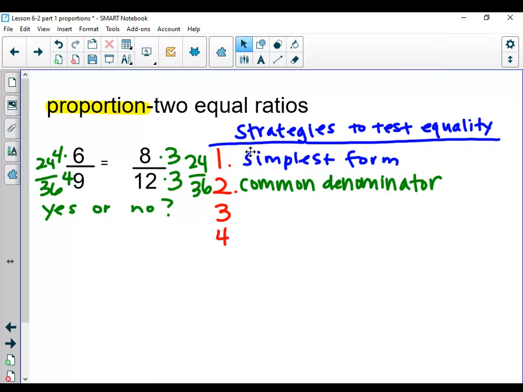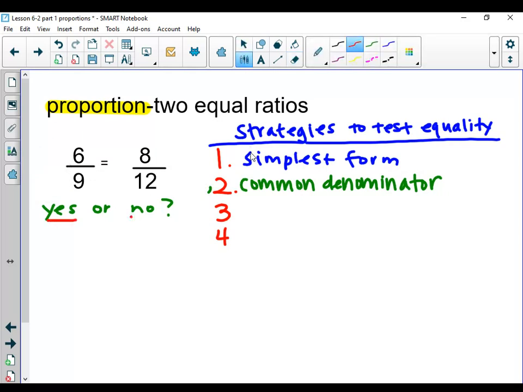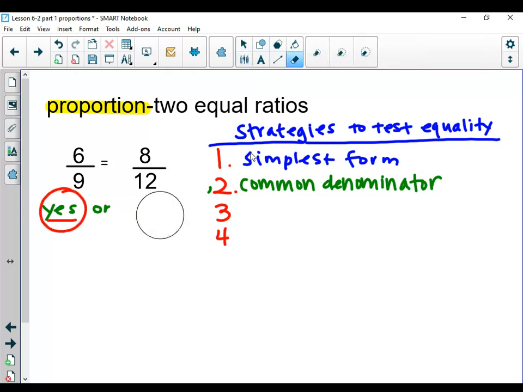Yep, they are equal. So basically, I'm trying to decide every time, yes, they are equal, or no, they are not. So far, I have 2 ways to prove that they are equal.